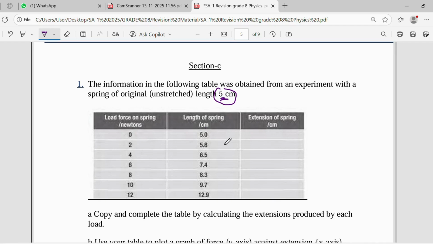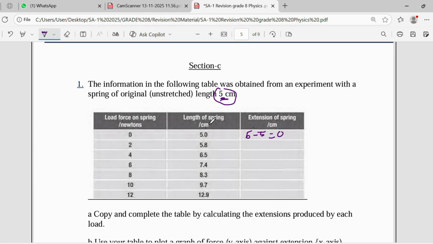For example, here we have 5, the original length of the spring unstretched, and 5 minus 5 equals 0.